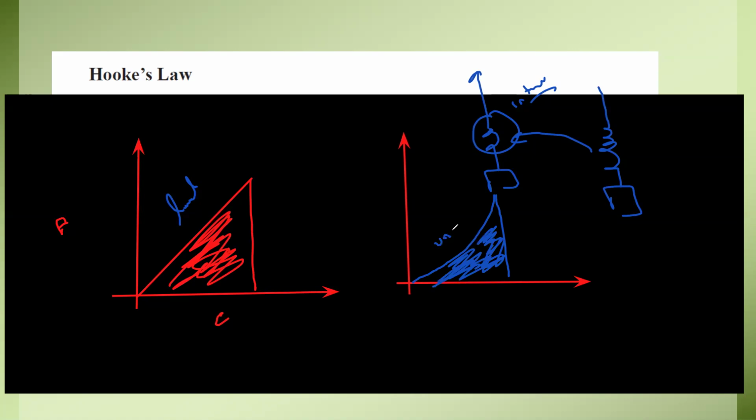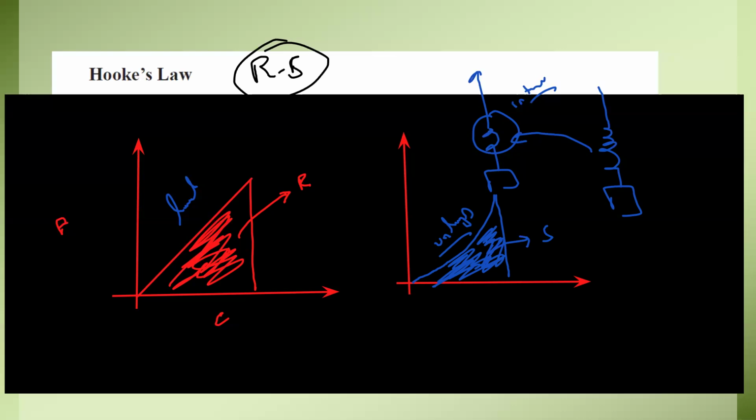This is when unloading. If I want to know how much energy remains in the spring, I get the area of this part, say R, and the area of this part, the work done by the spring, say S. To find how much energy remains in the spring, I simply use R minus S. That will show how much energy is stored by the spring.